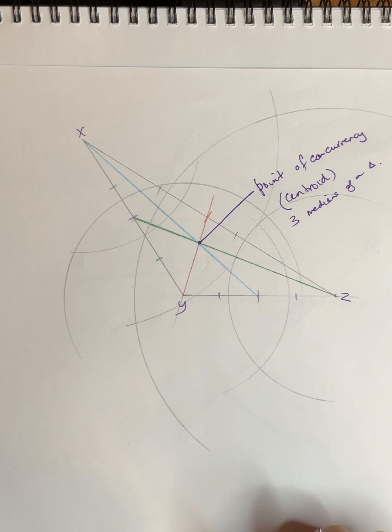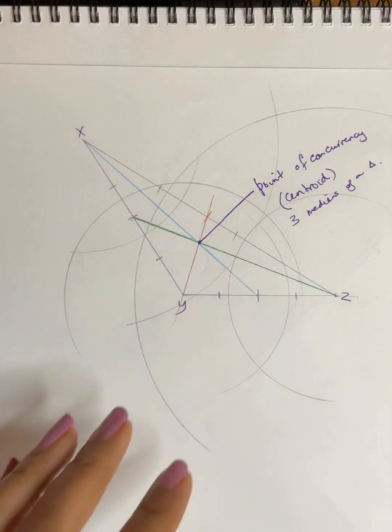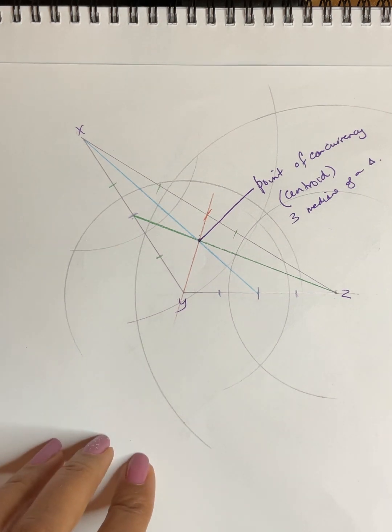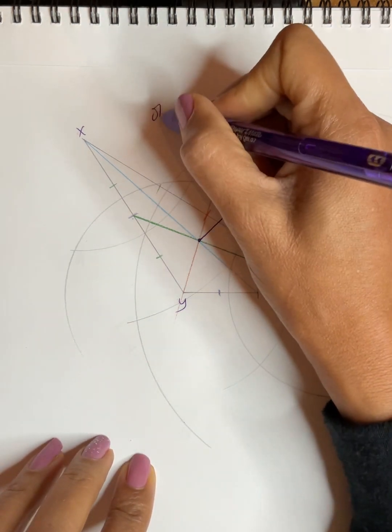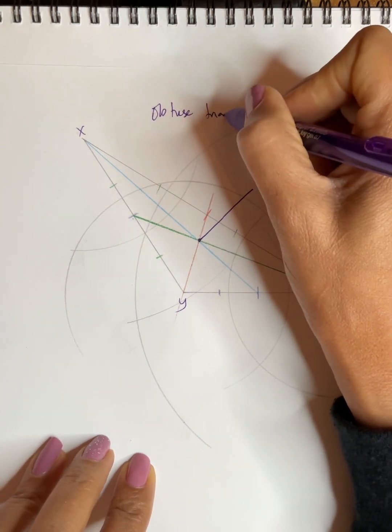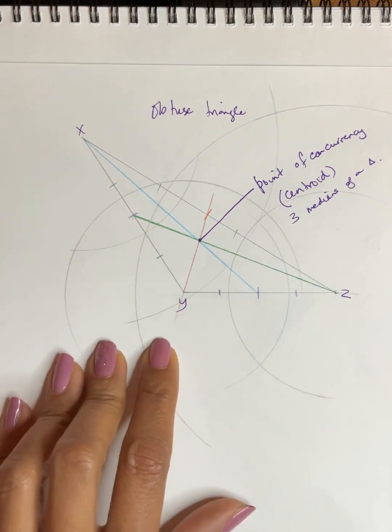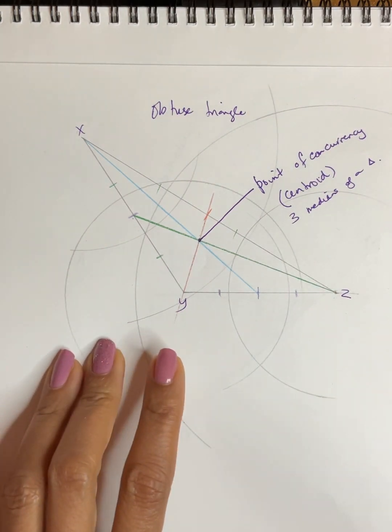Now, what I also want to show you from this diagram, and this is with an obtuse triangle, is that there is also something key about the centroid.